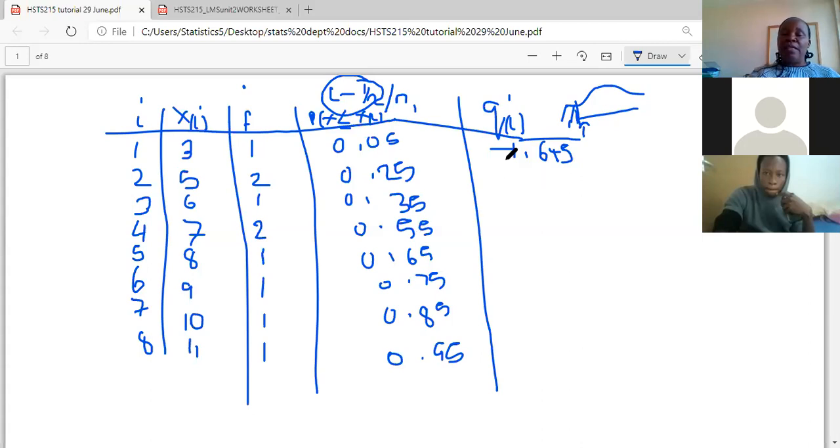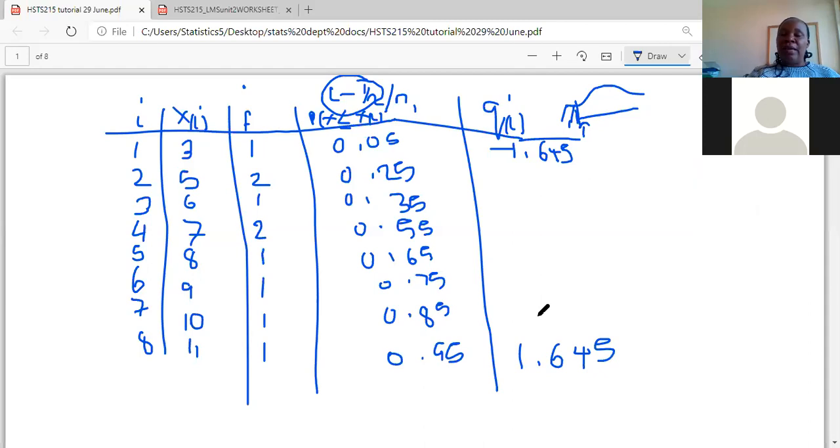So you will find this is my 1.645, and since it's symmetric, we know that this will be 1.645, the positive value, and the other values are in between there. This will be closer to 0. Unfortunately, I don't have my table, so I did not work that out beforehand.